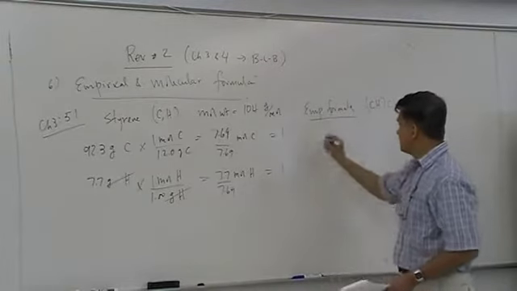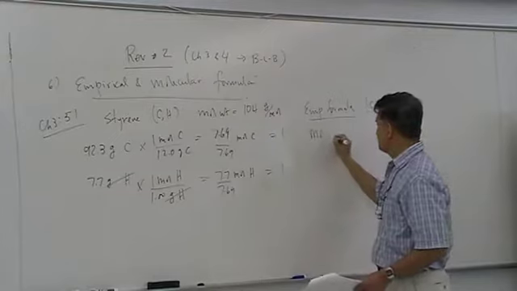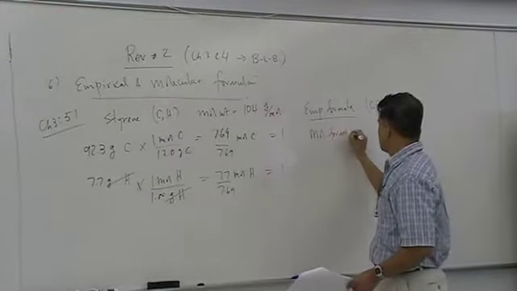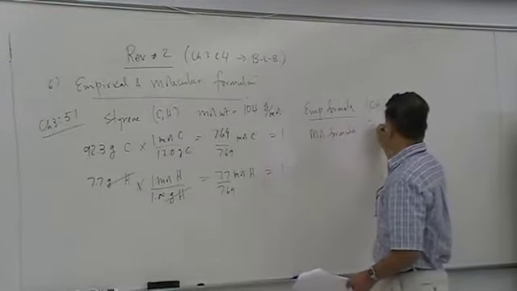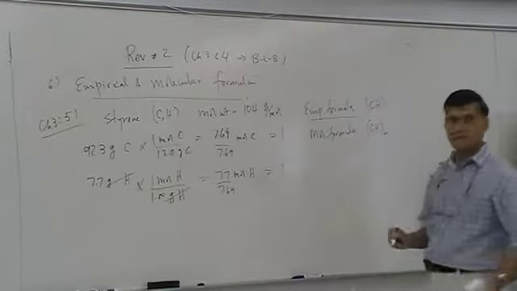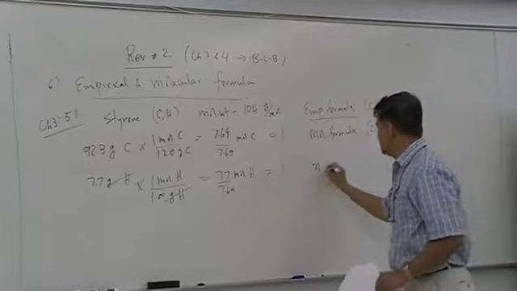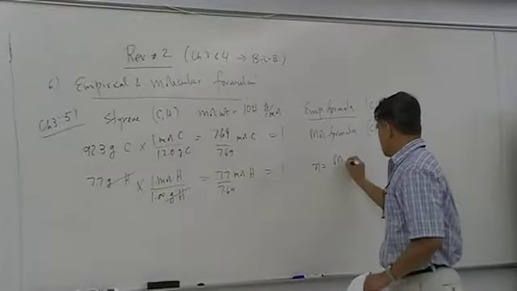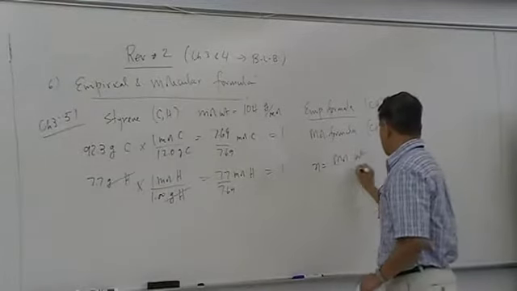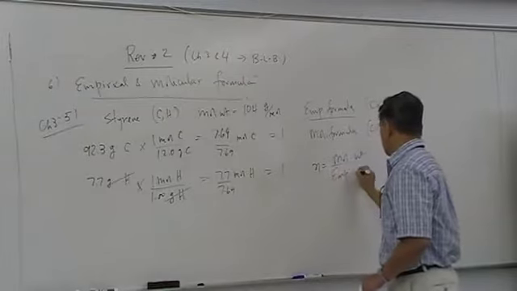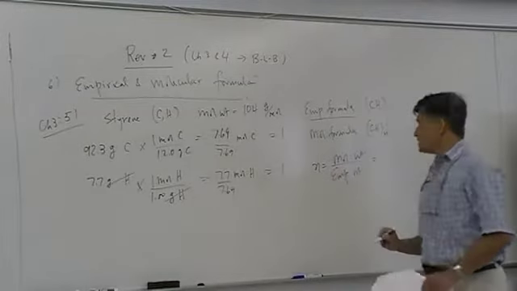Now molecular formula would be a multiple of empirical formula. So molecular formula will be given by CHN, where N is the multiplicative factor. Now how do I get N value? Molecular weight divided by empirical weight. The molecular weight is given.